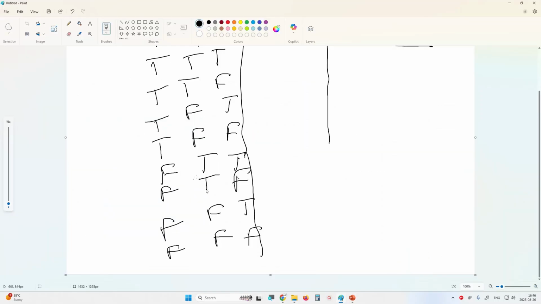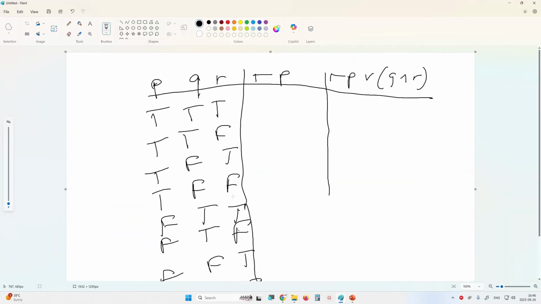Okay, so now what I need to do is also represent the negation of P, or minus P. So how to do that?